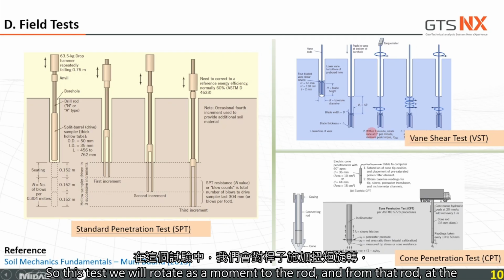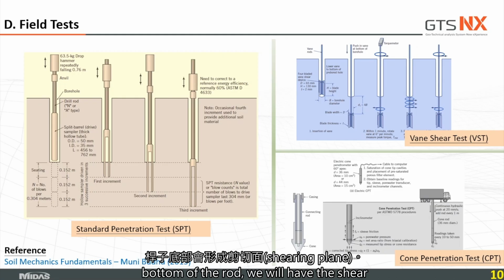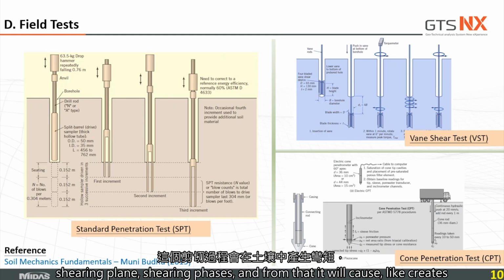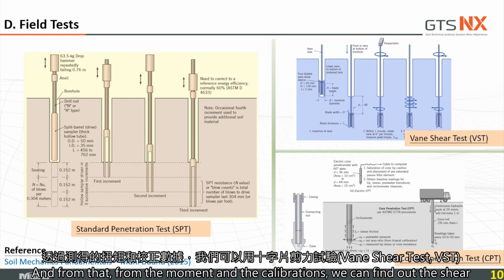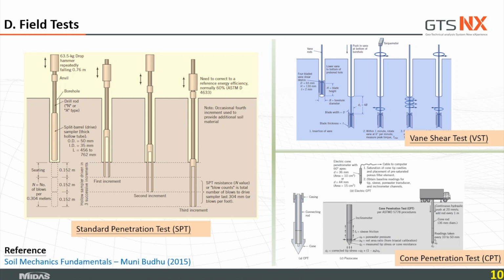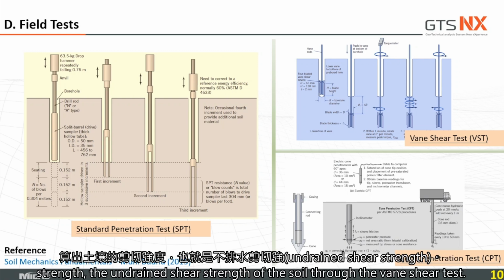In this test we apply a rotation as a moment to the rod, and at the bottom of the rod we have the shearing plane, shearing faces, and from that we create a bending moment relating to the soil strength. From the moment and the calibrations we can find the undrained shear strength of the soil through the Vane Shear Test.